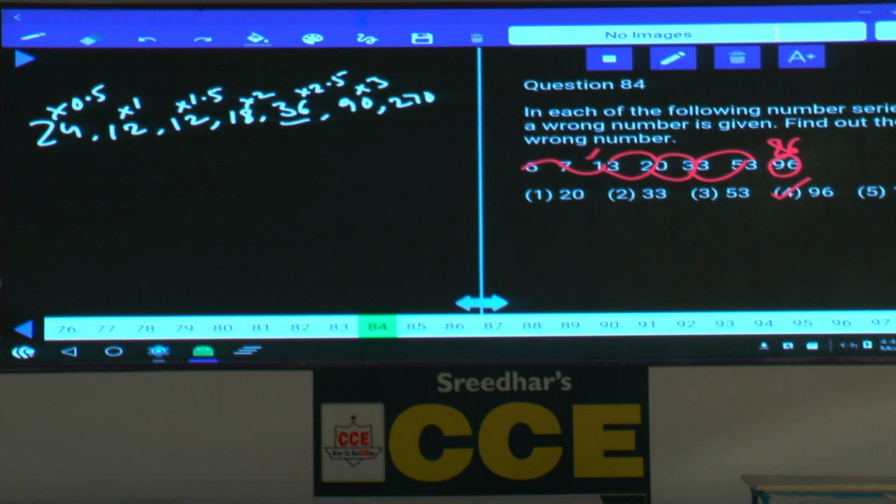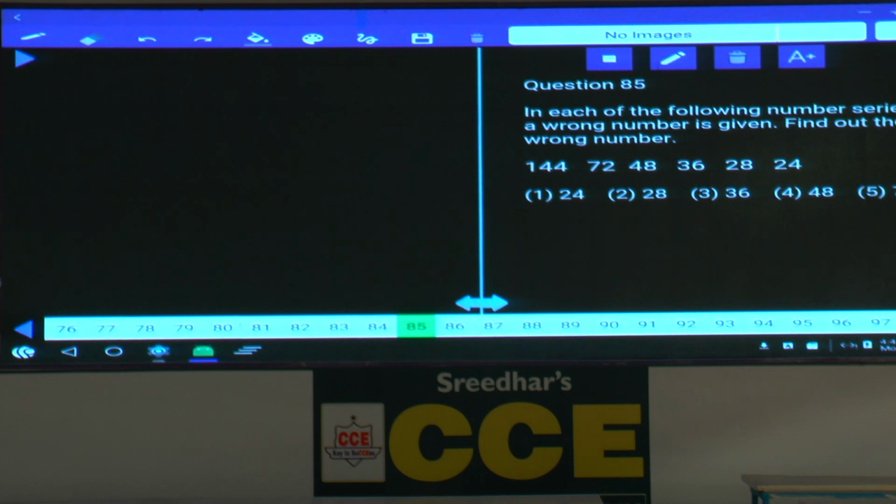Then 85. Now in this question number 85, 24, 28, 36 and so on. Now if you check in the reverse, 72 and 144 can be written as into 2. 72 into 2, 144. 48 into 72, tell me what is the logic here. 48 into how much? 48 plus 24, that is into 1.5.